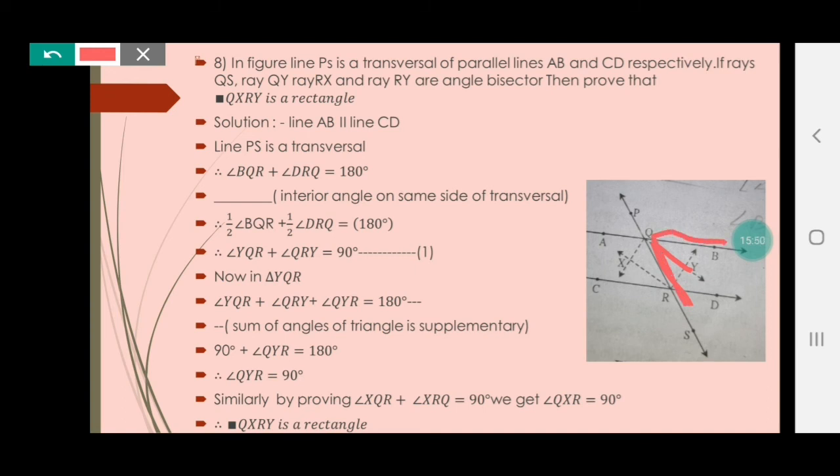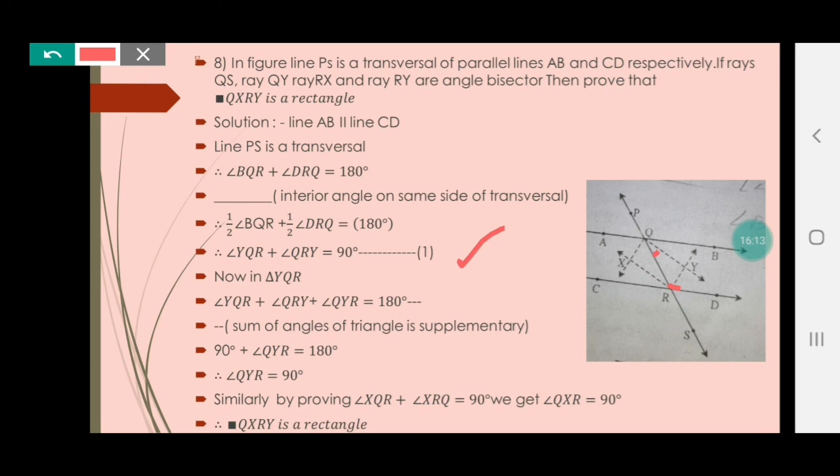Similarly, angle YRQ is half of angle DRQ. Right? So the sum of these two angles is equal to 90 degrees. This is my equation number 1.